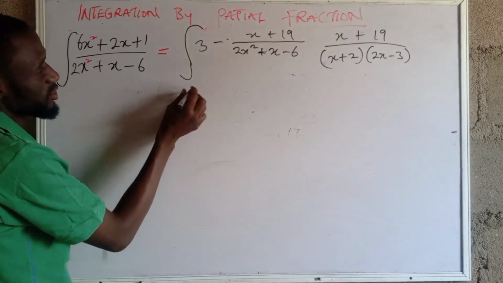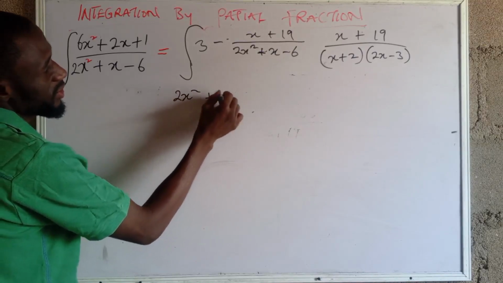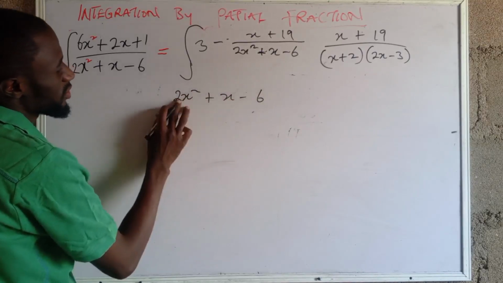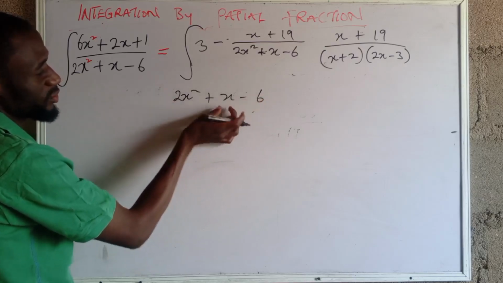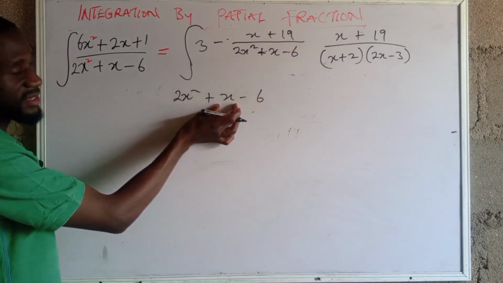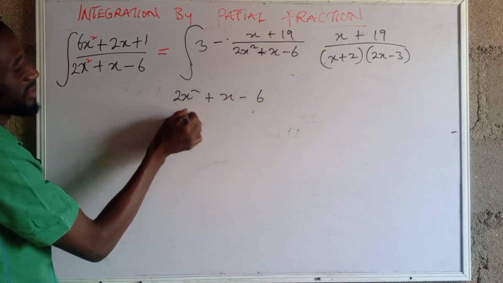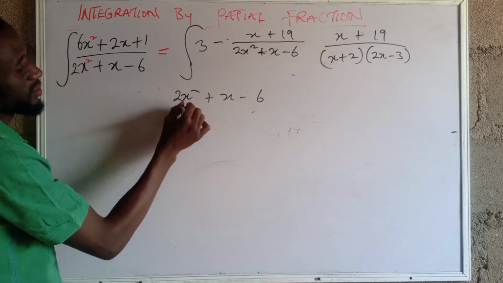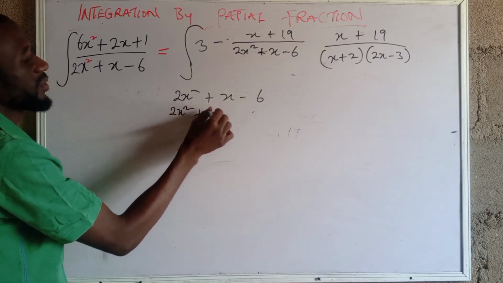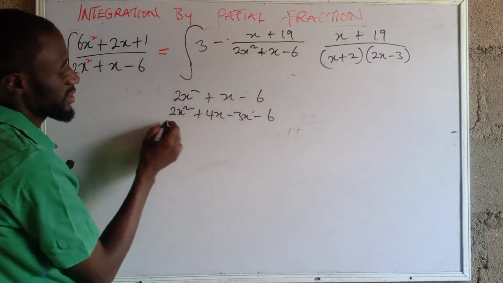Remember, the factorization: if you have 2x squared plus x minus 6, you multiply a times c, where you have here minus 12. Find two numbers that add to give 1 and multiply to give minus 12. Okay, where you have 2x squared plus 4x minus 3x minus 6.